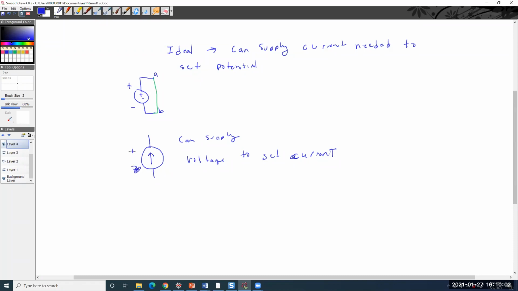Oops, there's no positive and negative there. Okay. You can supply voltage to set that current, whatever it is.